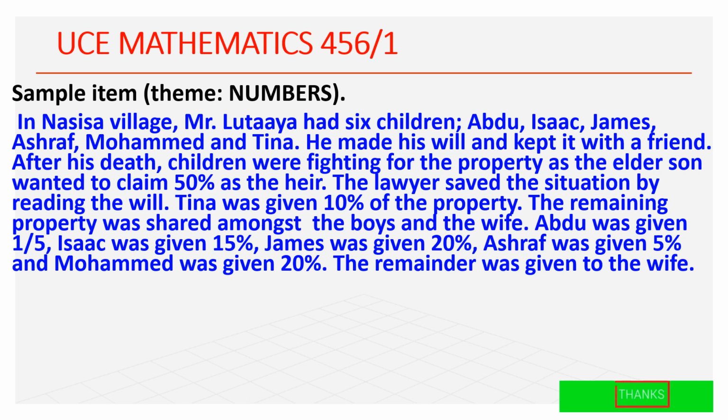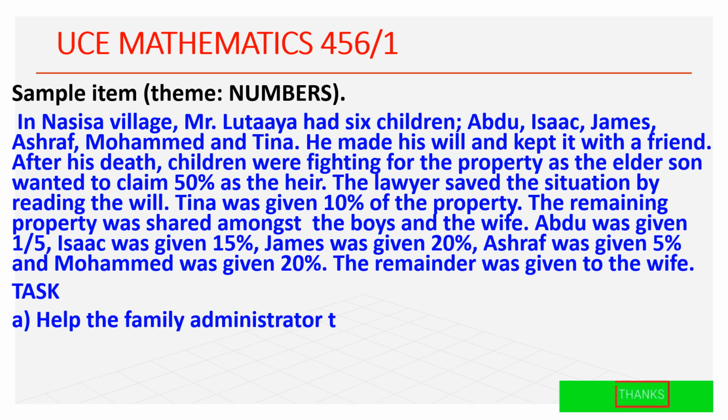Abdul was given a fifth. Isaac was given 15%. James was given 20%. Ashraf was given 5%. And Muhammad was given 20%. The remainder was given to the wife. Task.